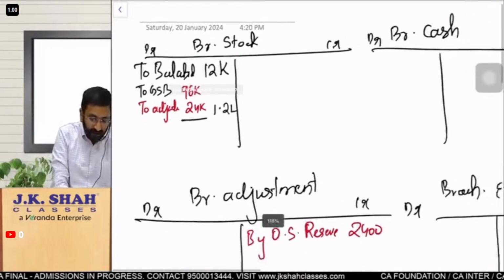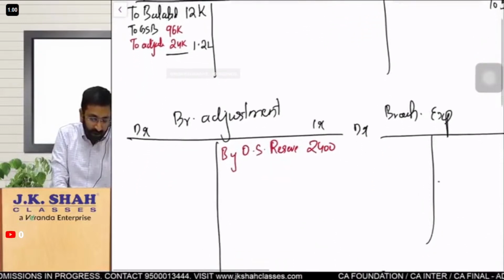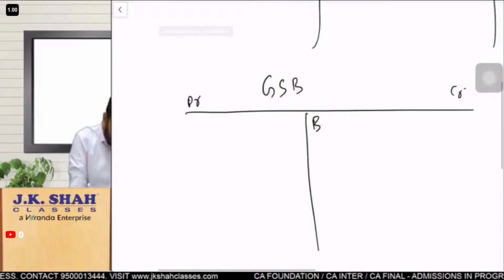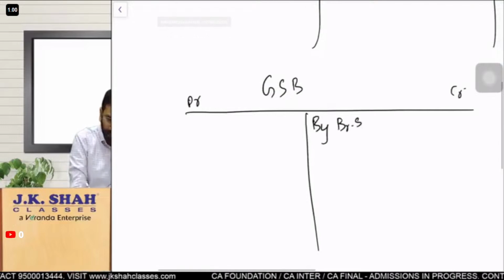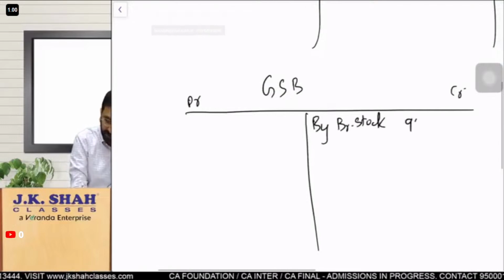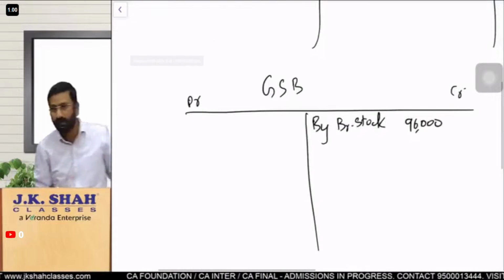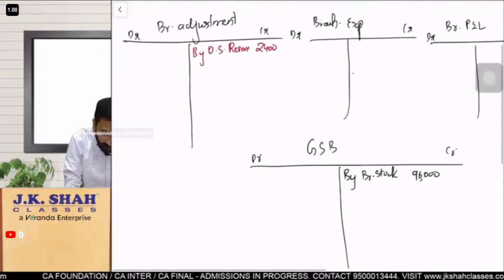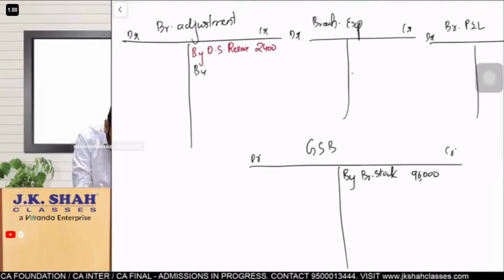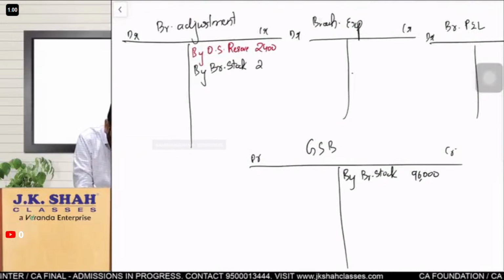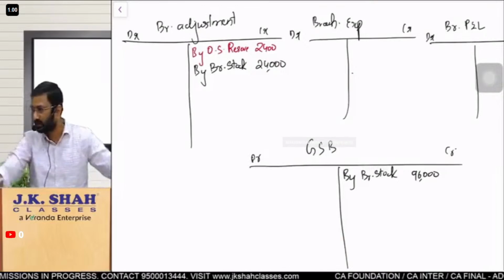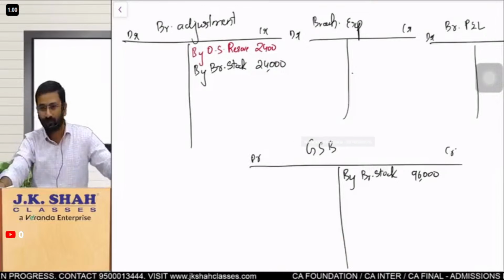In the GSB account, by branch stock 96. In the adjustment account, by branch stock 24. Understand, the profit is getting booked immediately. The moment I'm sending, I'm booking the profit in this adjustment account, 24.